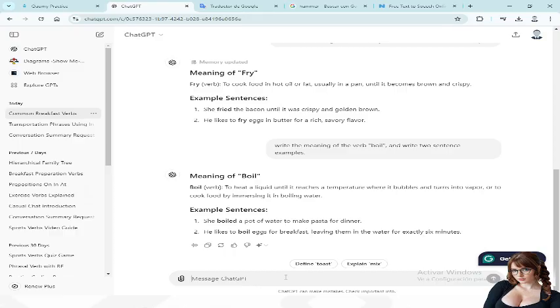Okay, my first example is: She boiled a pot of water to make pasta for dinner.